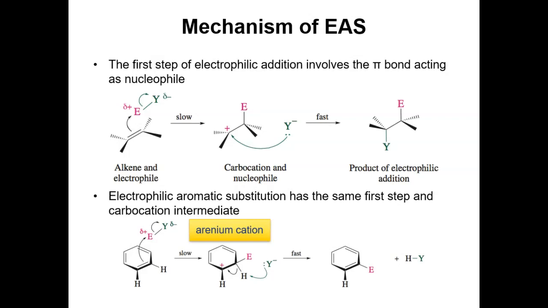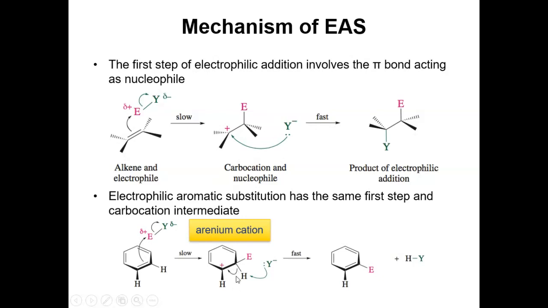Similarly, when the three double bonds on the benzene ring react with the electrophile, one of the pi bonds will act as a nucleophile and attack whatever real electrophile you have in the reaction. Then the pi bond will bond to the electrophile, and this bond will break.